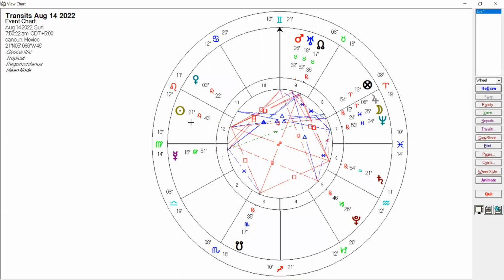Keep in mind that the circle of your chart is 360 degrees, right? So 360 degrees makes a circle, which the chart is based in. Now, it doesn't have to be in a circular format, but it is in this particular one. That's important because we're going to be dealing with angular distances.